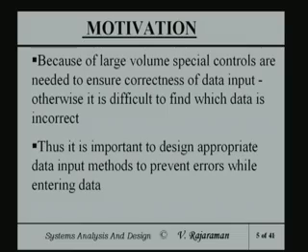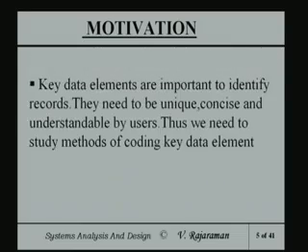So, it is very important to have methods whereby the tracking of errors and the origin of the error can be found out. So, this tracking is extremely important. It is important to design appropriate data input methods to prevent errors during entering data, and also to track if any errors actually occurred.